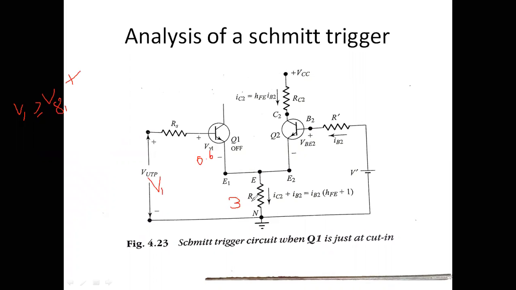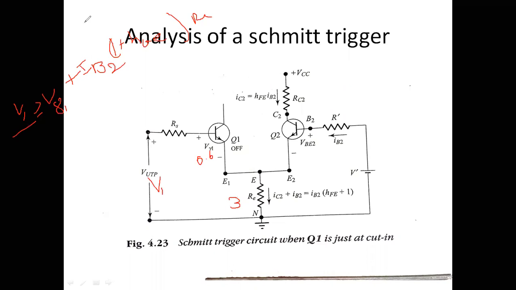The voltage drop across RE is nothing but IB2 into 1 plus HFE into RE. Therefore the voltage drop across this plus the cut-in voltage is the upper triggering voltage.